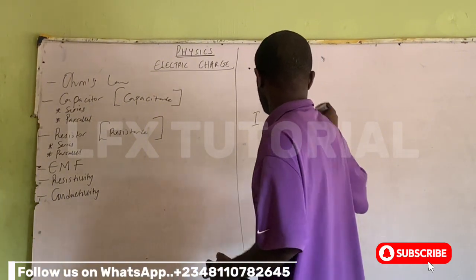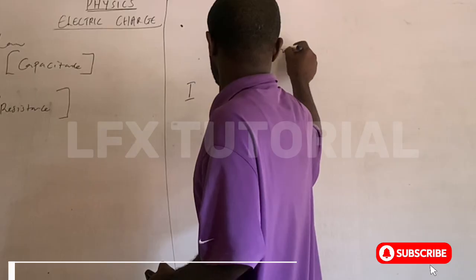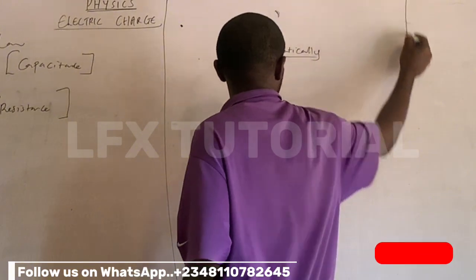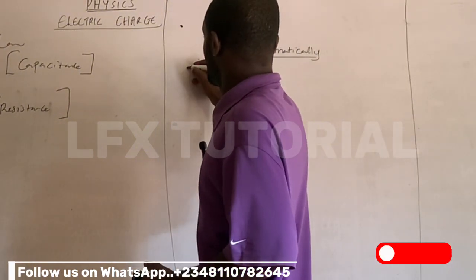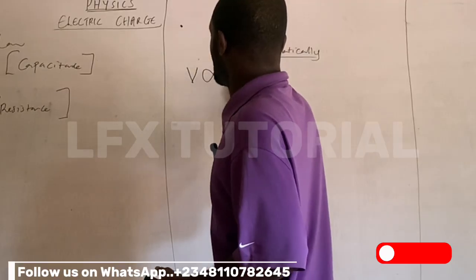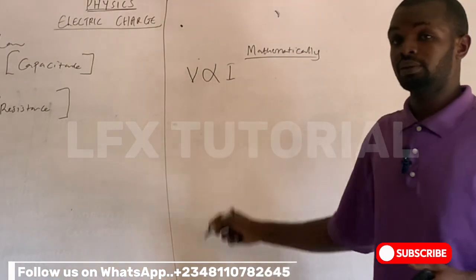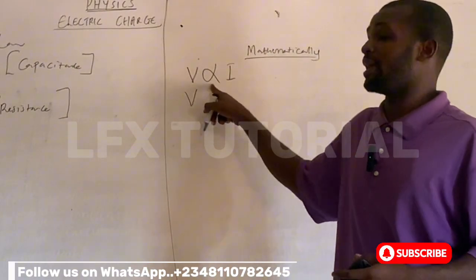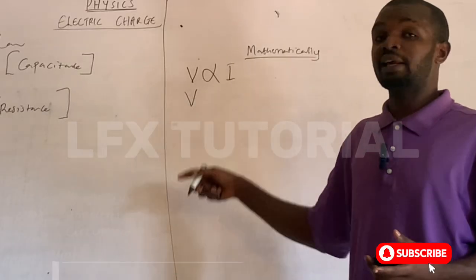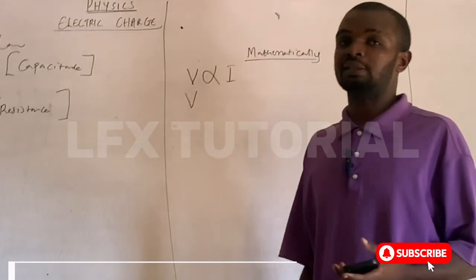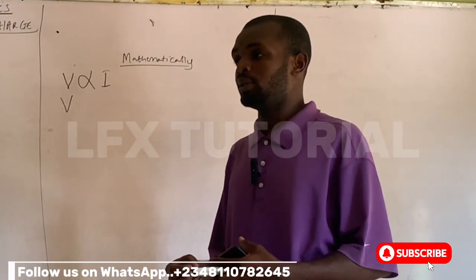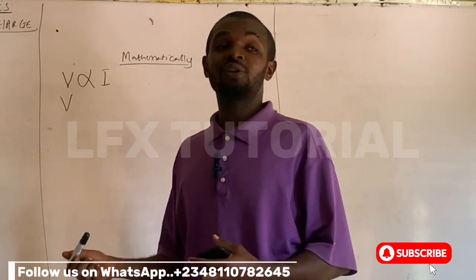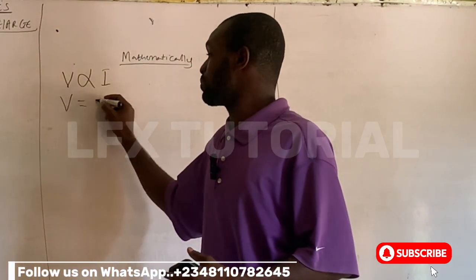Mathematically, V is directly proportional to I. The proportionality sign will shift to an equals sign and a constant enters, which can be represented as K or C. But in Ohm's law, we are dealing with the resistance of a resistor, so instead of K entering, R will enter.